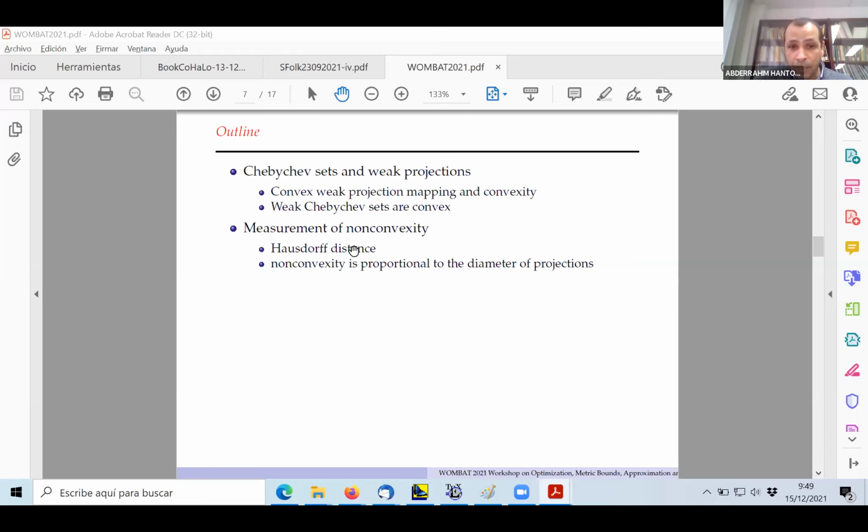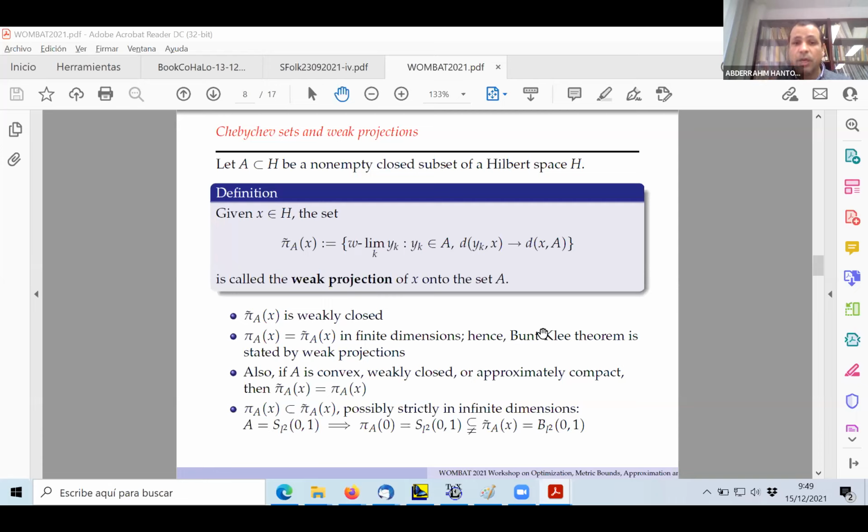So this first part, I just recall or review Chebychev sets. What we call weak projection onto the set A is this: I consider all the minimizing sequences y_k, that is, the distance goes to the infimum of the distance to the set A from the point x, and consider all the possible weak limits of such sequences.